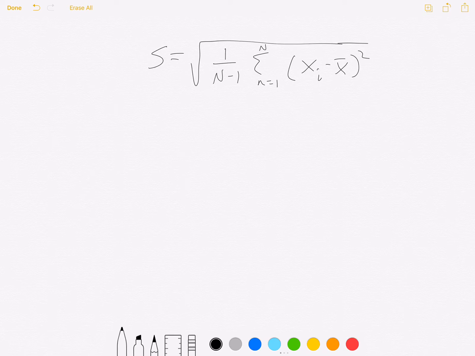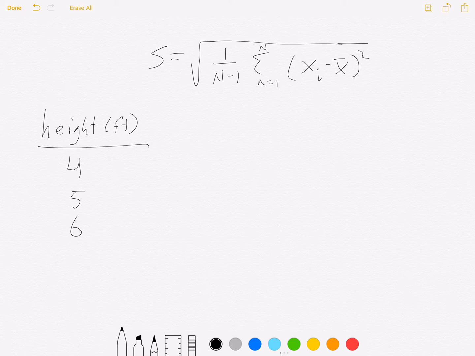So let's look at a specific example so we can kind of walk through this equation. Let's suppose you're measuring the height of people in feet. And the first person you measure is 4 feet tall, the second person is 5 feet tall, and the third person is 6 feet tall.